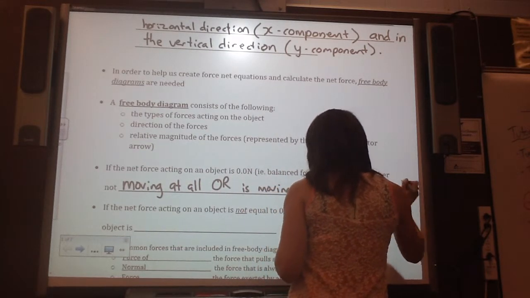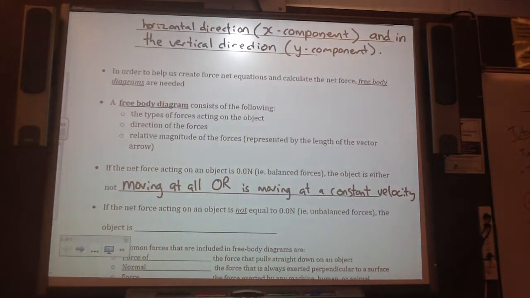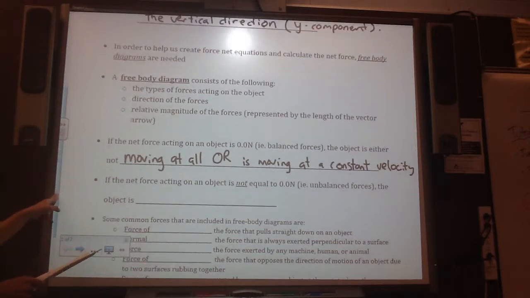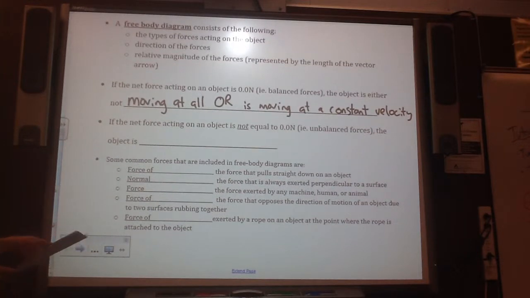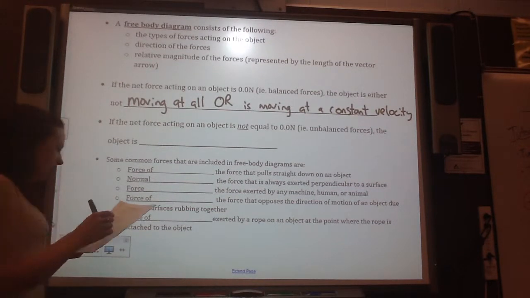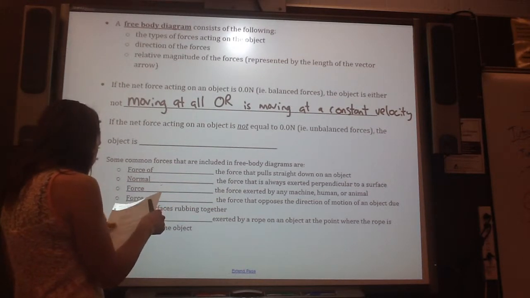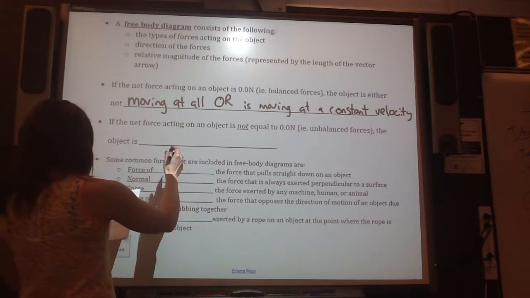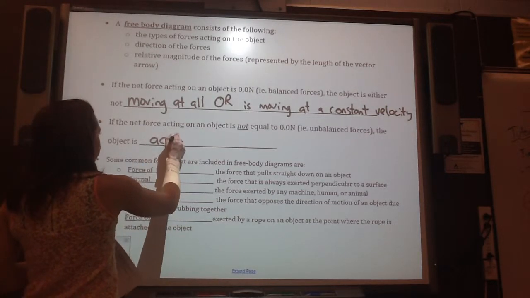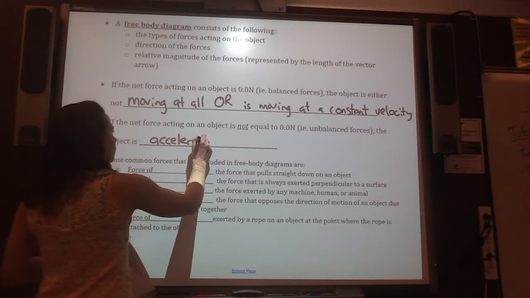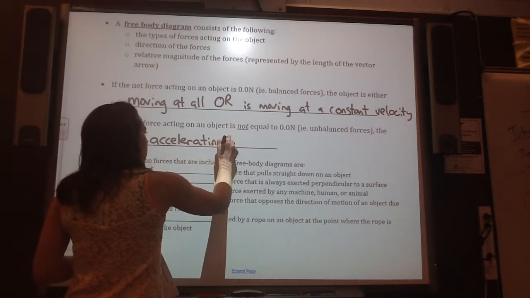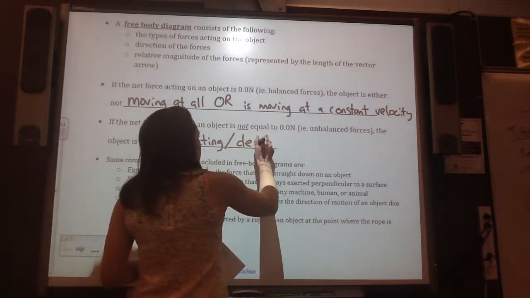So it's the velocity staying the same, no more force is being exerted on it, it's just cruising. If the net force acting on an object is not equal to 0, the object is accelerating or decelerating.